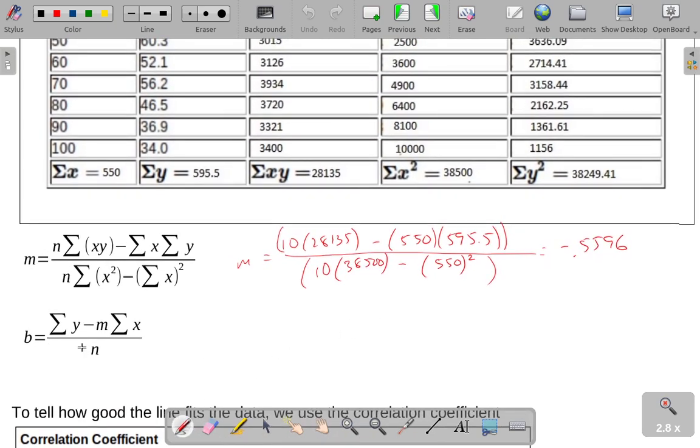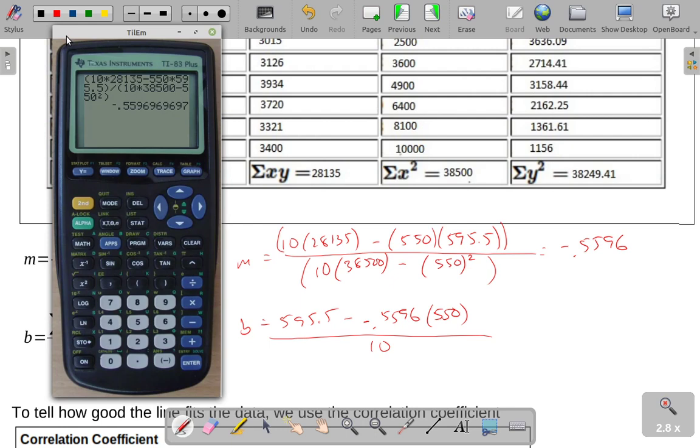Now for my y-intercept, we're going to be using our slope as part of the y-intercept. B equals the sum of all my y's, which is 595.5, minus my slope, which is negative 0.5596, times the sum of all my x's, 550, divided by n. It's 10 because there were 10 points here. Again, this is something I would plug into the calculator.